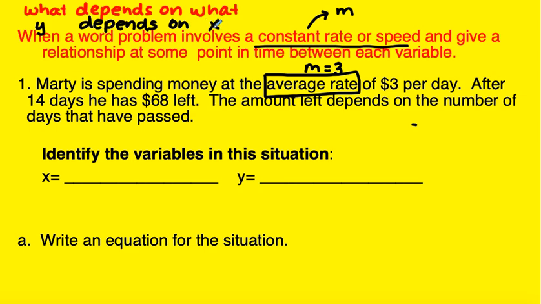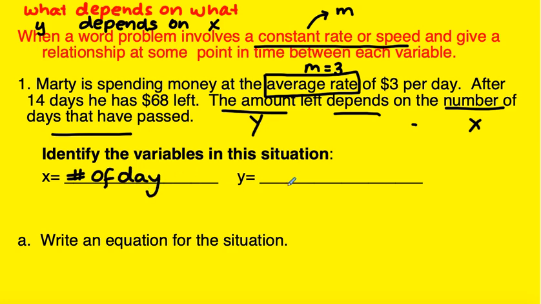Okay? In this case, I actually told you the dependence. I said the amount depends on the number of days. So the amount is y, and the number of days that have passed is x. So x, number of days, and y is the amount left.